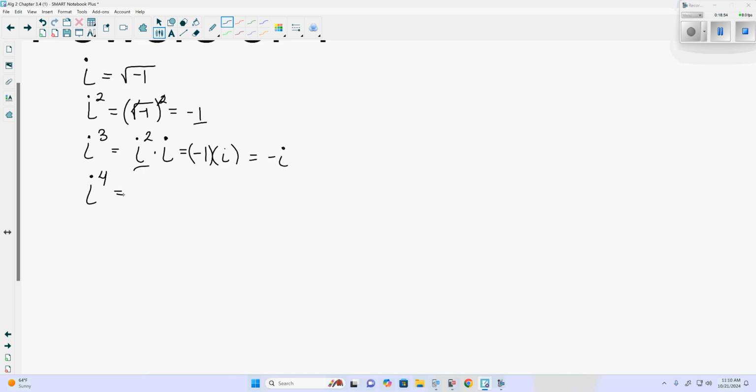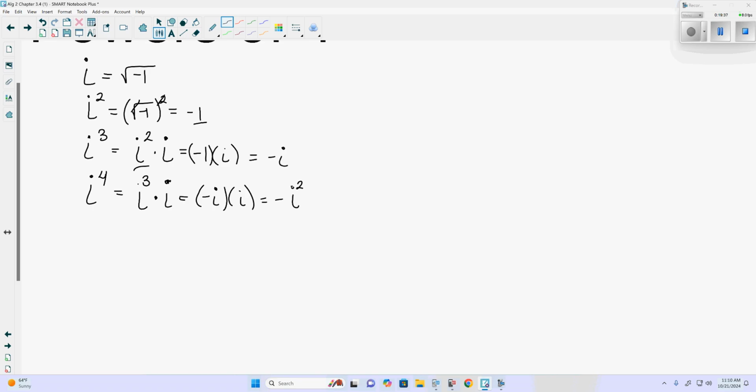Now, i to the fourth. There's different ways we can break it down. But we're just taking whatever i to the third, because we multiplied it 3 times already, and multiplying it 1 more time. Well, i to the third is negative i. We already found it, because that's the previous one. So we're taking that negative i and multiplying it by i. We'll still have the negative, but i times i is i squared.